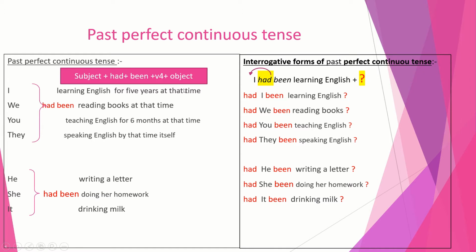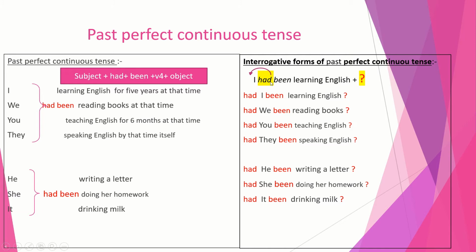Next is the interrogative form of past perfect continuous tense. Take the same example here: I had been learning English. Bring this had in front of the subject. Write the remaining sentence as it is and add the question mark. Including been, you have to write it as it is. Don't bring been in front of the subject, it is not correct. You have to bring only one helping verb, the first auxiliary verb, that is had.